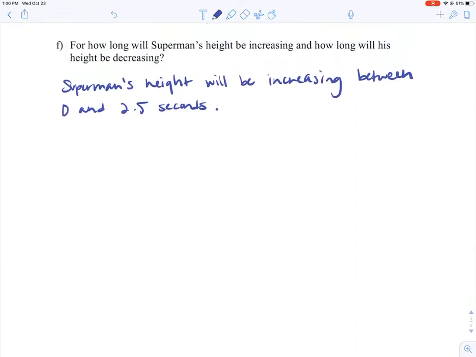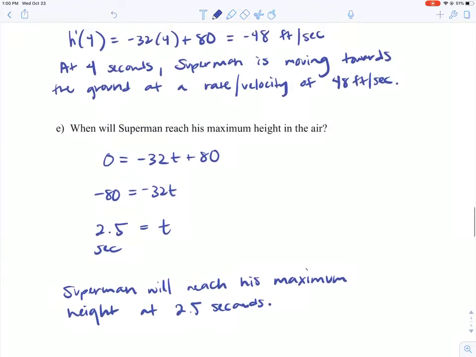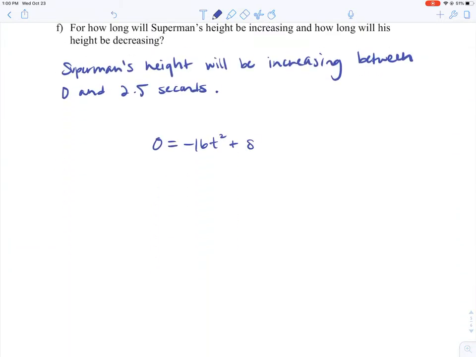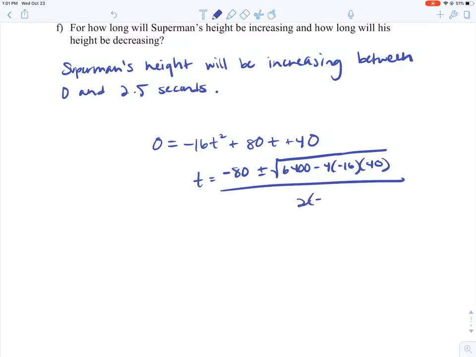So let's set that original equation equal to 0, with 80t plus 40. We want to solve this equation, and we can do that using the quadratic formula. So 80 squared will be 6,400 minus 4 times A times C, all over 2A.